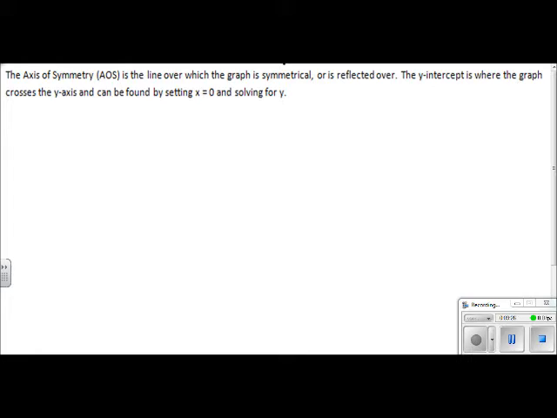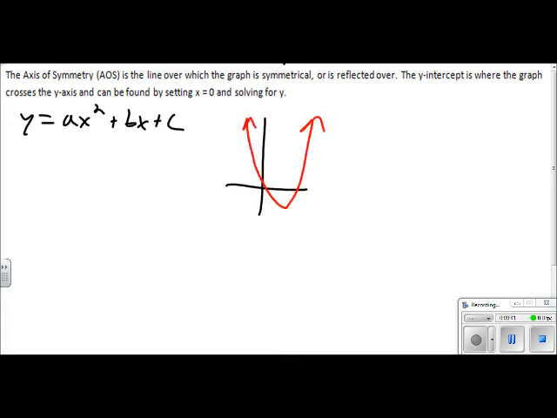So in standard form, remember we said it was y equals ax squared plus bx plus c. Anytime that we have a parabola, doesn't matter where it's at, where it hits the y-axis, that x value is going to be 0.